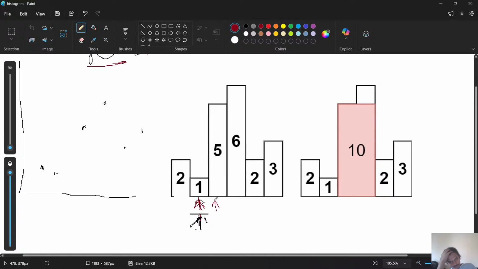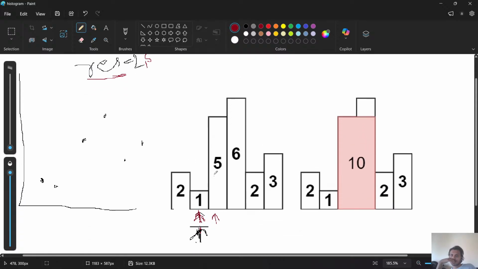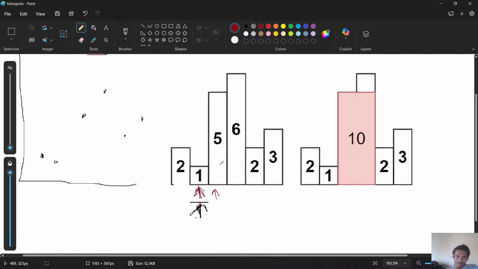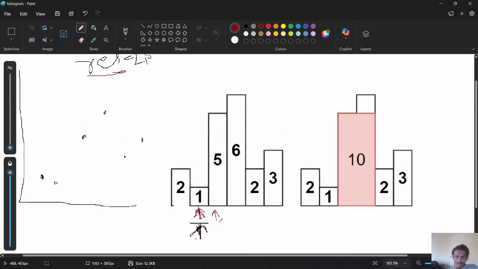So if it is smaller, we can move the right pointer here. But if we get the result bigger, if our right pointer is bigger than 5, we change it to 5 and move the pointer over here.